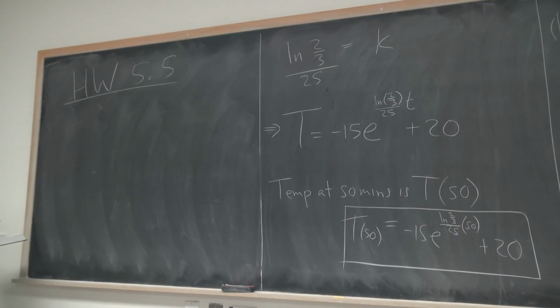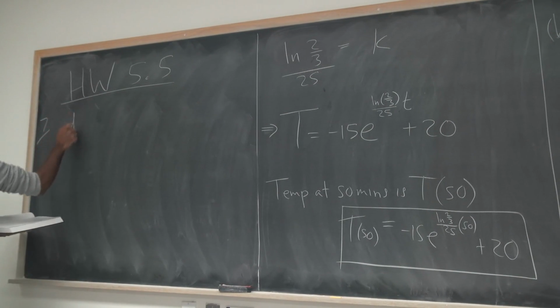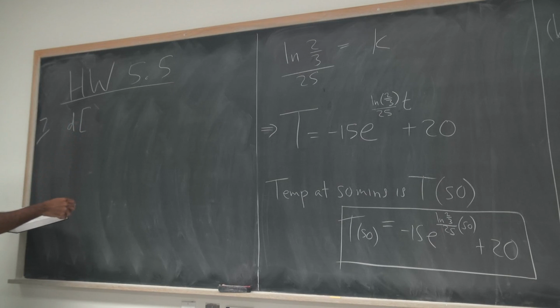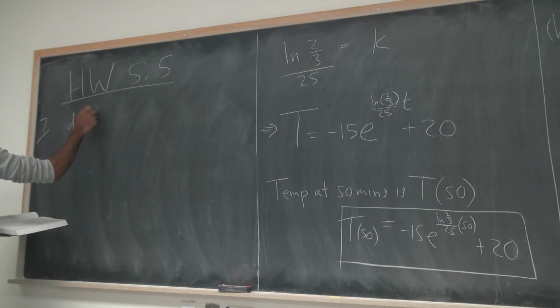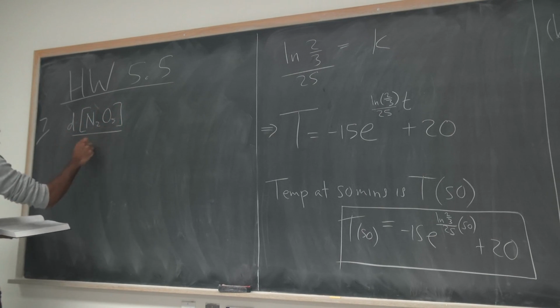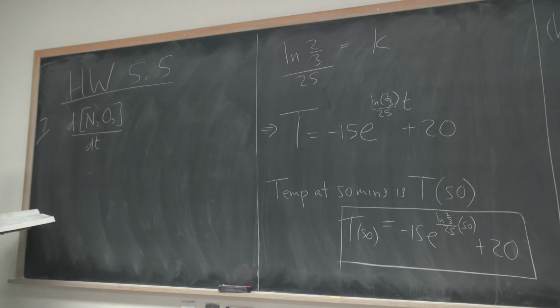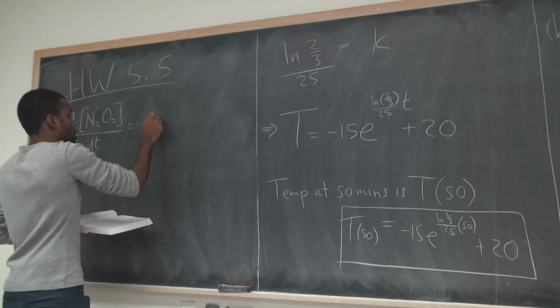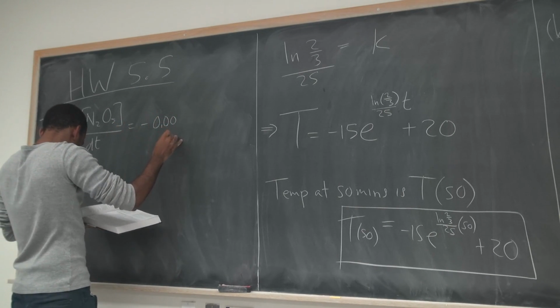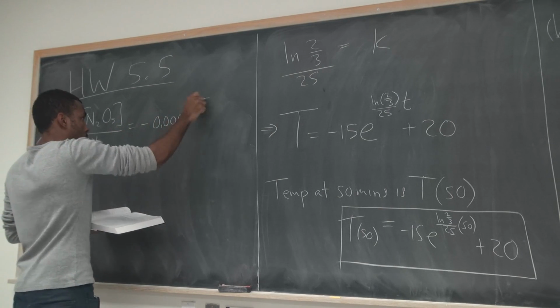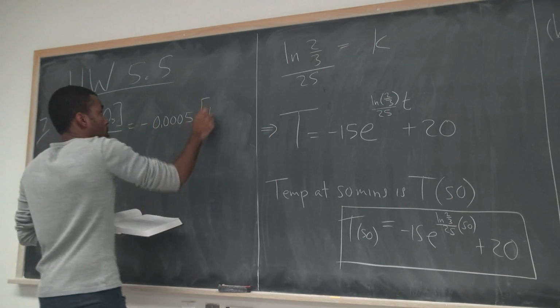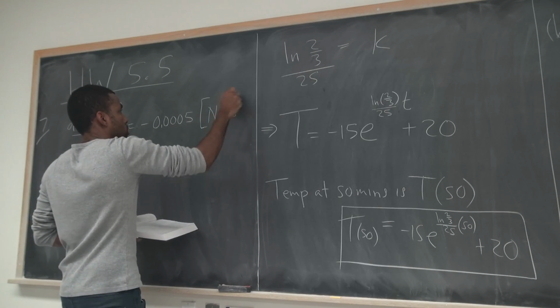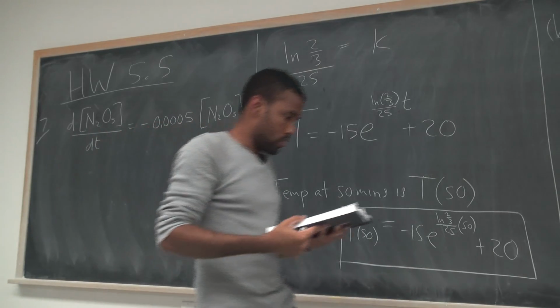So here we have 7. We're basically told that d[N2O5]/dt is equal to minus 0.0005 [N2O5].